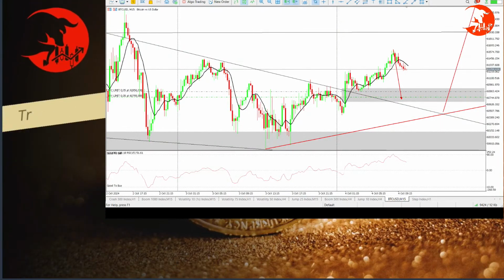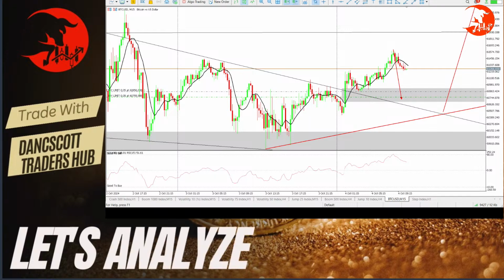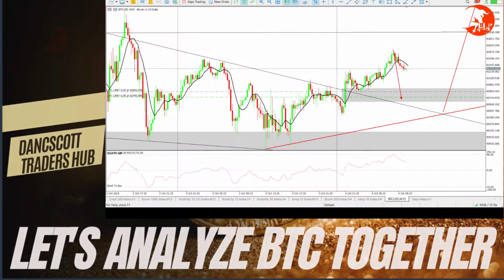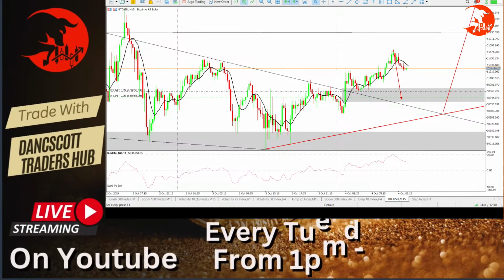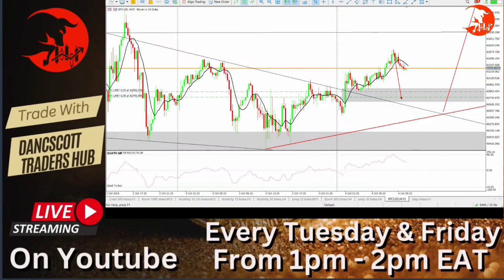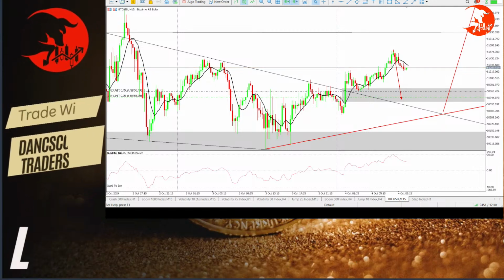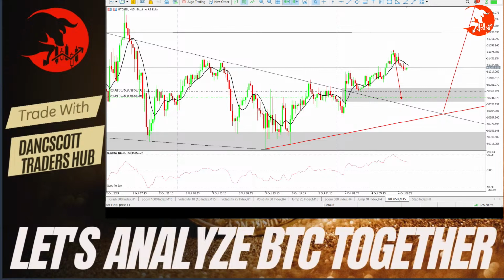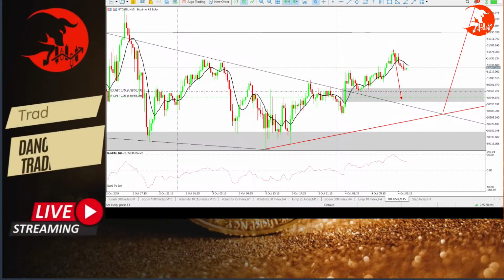the same time. So right now I believe we will be having a good entry before the day ends. Probably we will see an entry for the buys on M15.